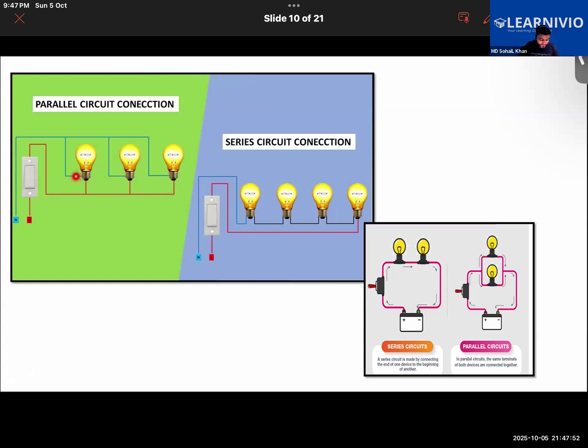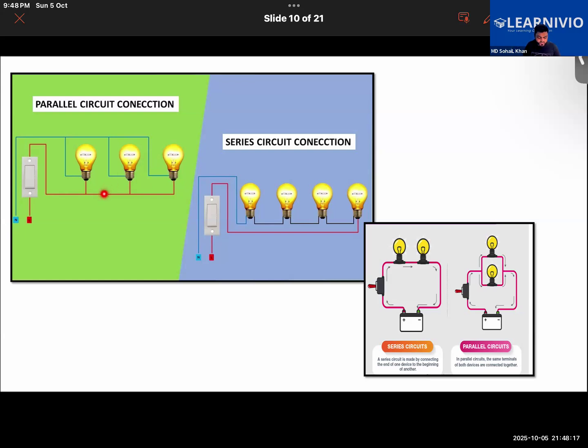All the branches are directly connected to the power source, a battery, or electricity coming directly from the power station, so every bulb gets the same amount of voltage. I think your teacher is saying it incorrectly.